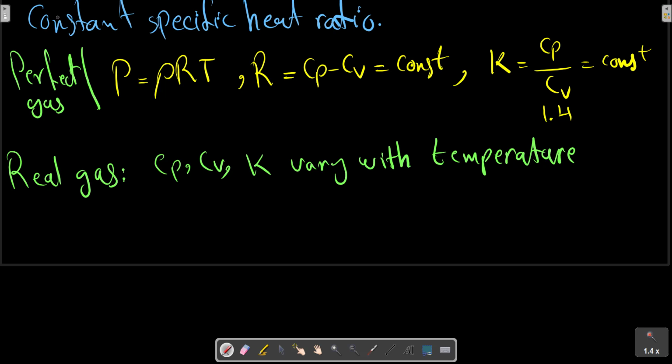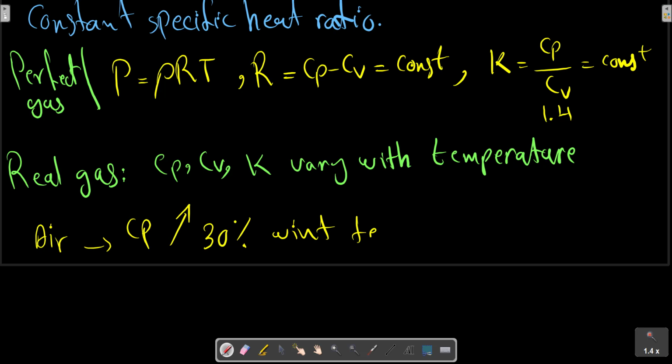For example, for air, Cp increases 30% as temperature increases.